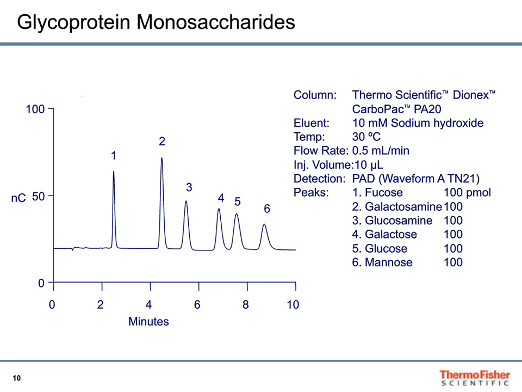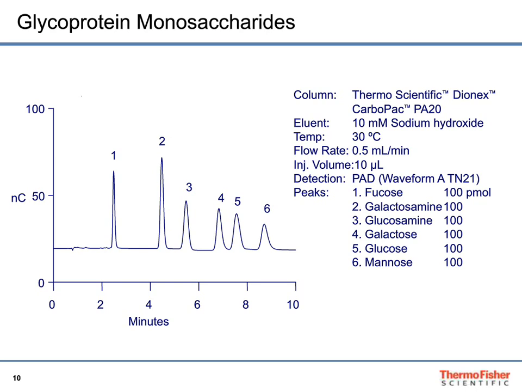And here we're looking at the separation of 6 monosaccharides: fucose, the 2 amino sugars, galactosamine and glucosamine, and then 3 neutral sugars: galactose, glucose, and mannose. You'll see they're all well separated, and our mobile phase, or eluent, is 10 millimolar sodium hydroxide. So there it shows our high pH mobile phase.